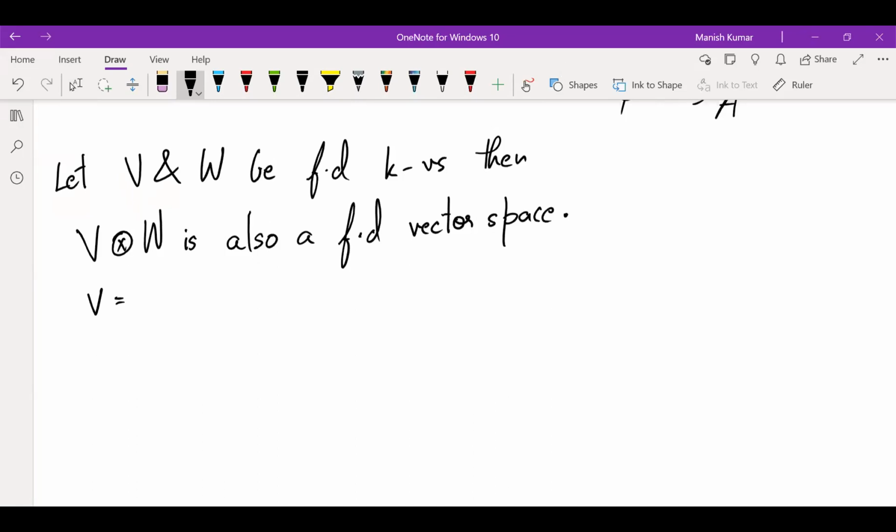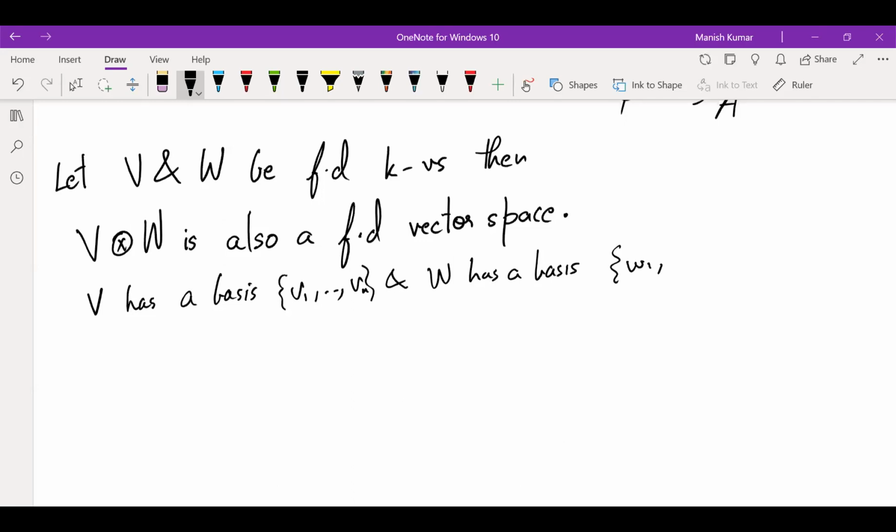So V has a basis V1 to Vn, and W has a basis W1 to Wm.